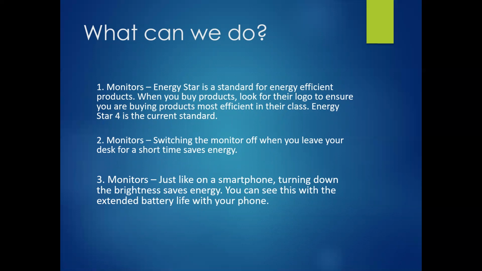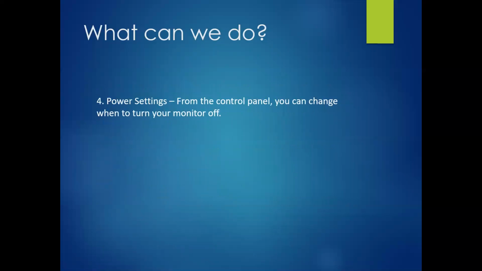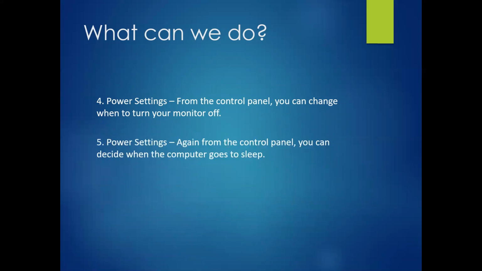The other things that we can do are all to do with the power settings. In the control panel of phones, laptops, tablets, any computing device, you'll have a settings panel, and you can change when to turn your monitor off. So you can set it so that if you leave the building at night and leave your computer on by accident, it'll power down your monitor.